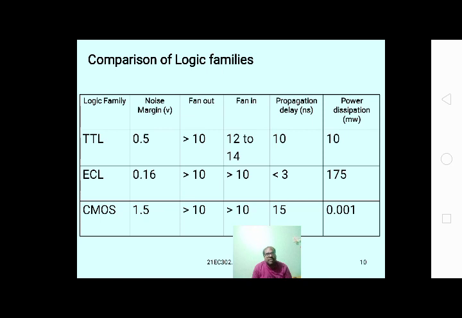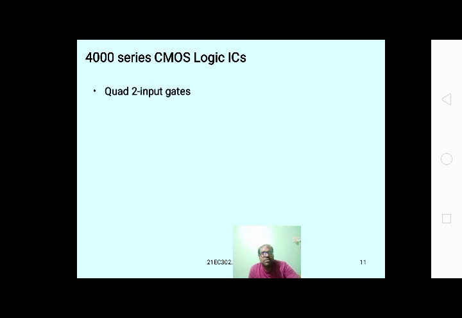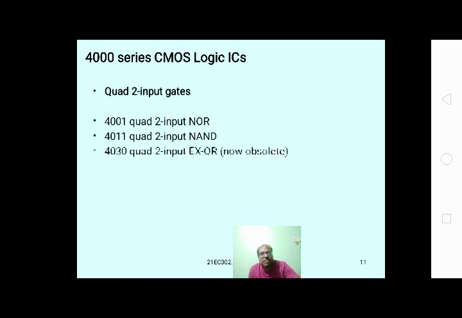Propagation delay is 15. Power dissipation in milliwatts is 0.001 in static, at 1 MHz. Okay, that is the comparison of logic families. Next, CMOS logic IC values I have given here.